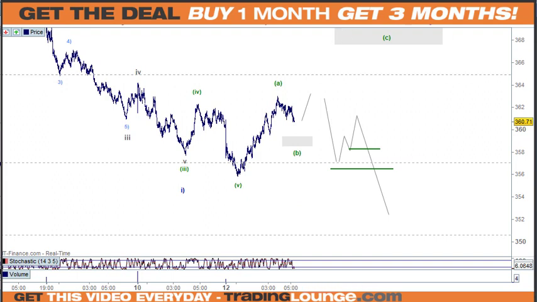So we don't need to do anything just yet. We just need to be a little bit patient. It would come down in 3 waves, and then it would move up from that point. As a B wave it shouldn't come down to the low here, that would only be wave 1 doing that, so the B wave will be a little bit higher.